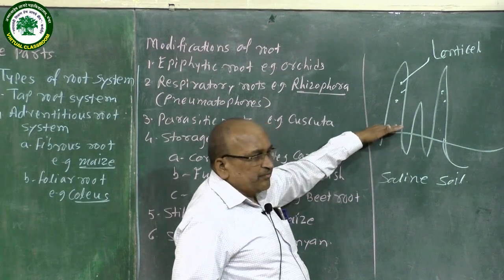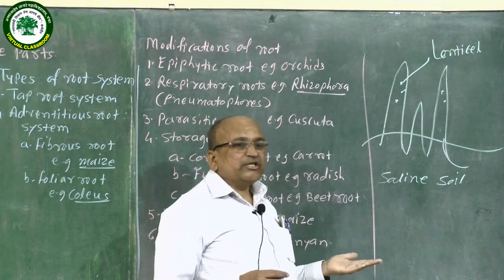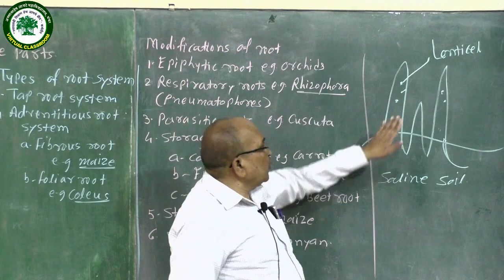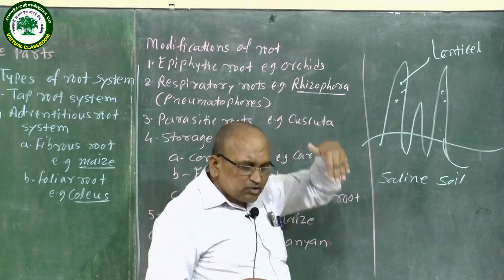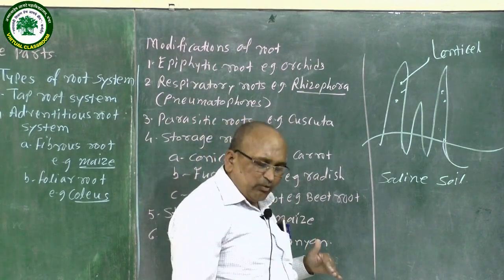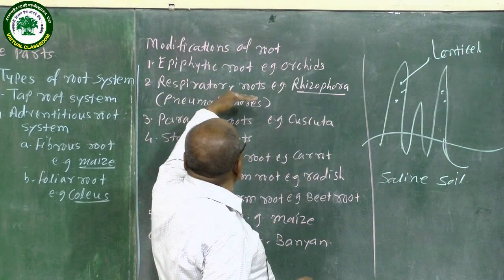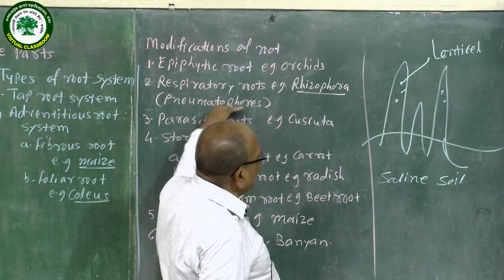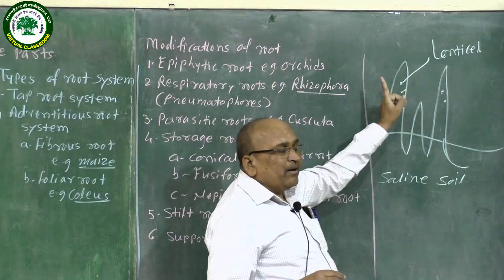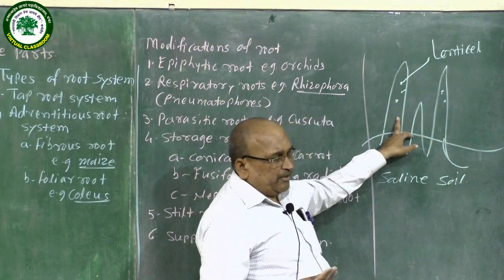these roots become positively phototropic. Generally roots grow towards the soil or towards gravity, they are positively geotropic, but in this case, in these respiratory roots or pneumatophores, the roots grow in the air, so they are modified and become positively phototropic.